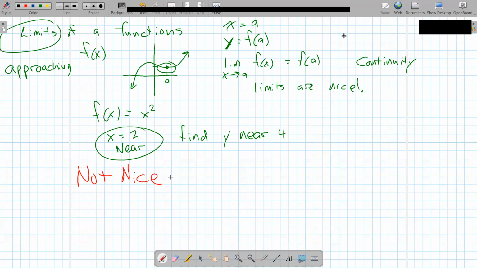Limits are not nice in common places. Certain rational functions have not nice places. And we looked at a couple of examples of that last week. We'll look at a bunch more today. Other places limits are not necessarily nice are when infinity is involved.